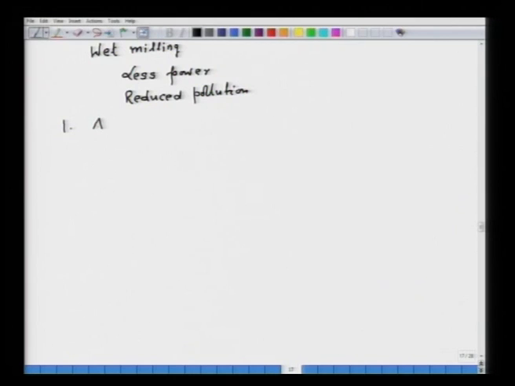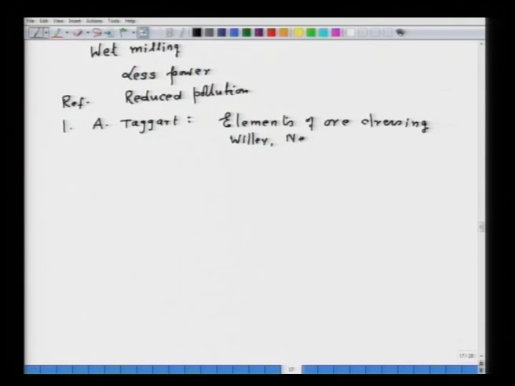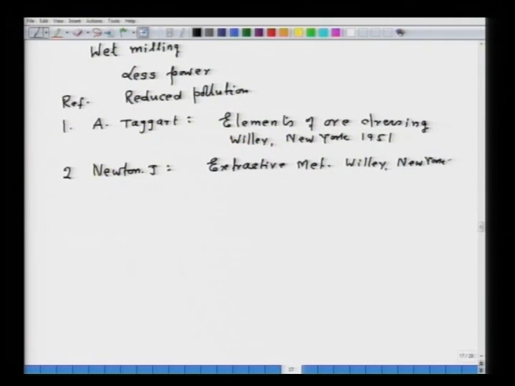Now, for further reading, if you want to go further, I give you a few references. First, you can go through the book of A. Taggart, Elements of Ore Dressing, Wiley, New York, 1951, or you can also refer to Newton, Extractive Metallurgy, John Wiley, New York, 1959.